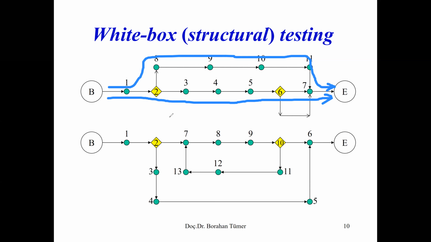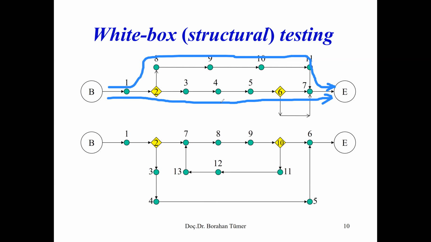But these two are not enough for the full or complete branch coverage criterion. Can someone tell me now why this is so? Can someone tell me why these two are not enough for the full branch coverage criterion?